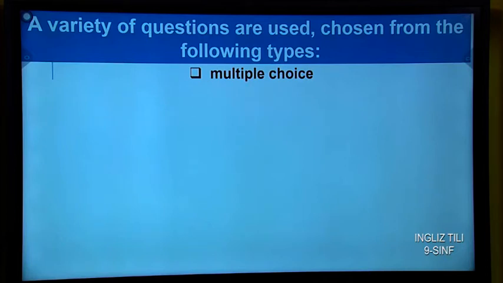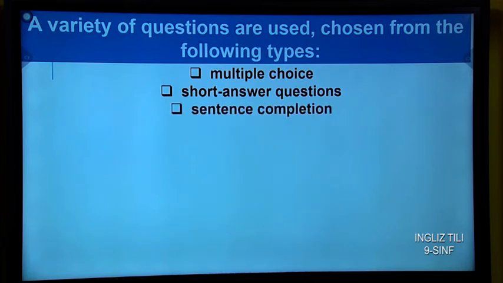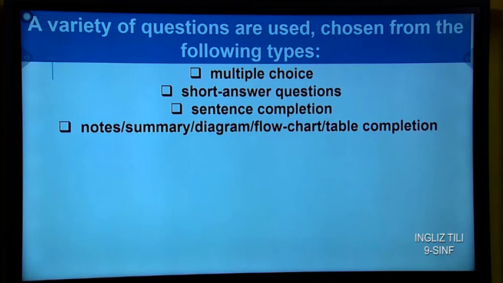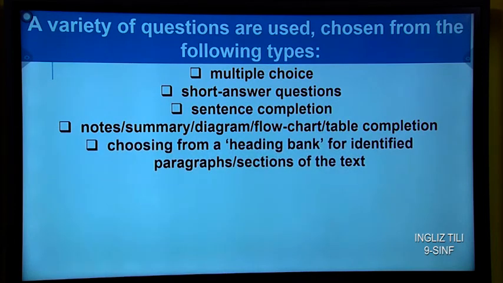Now, you may copy out: multiple choice, first one. Second, short answer questions. Fourth, sentence completion. Next one, notes, summary, diagram, flow chart, table completion. Choosing from a heading bank for identified paragraphs, sections of the text.